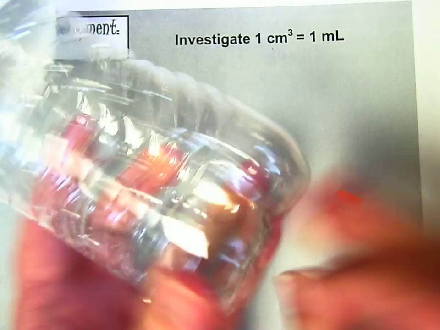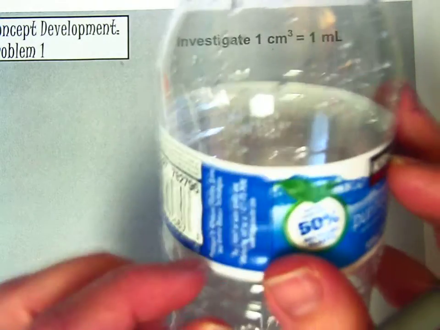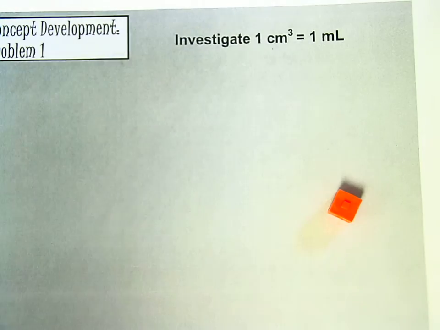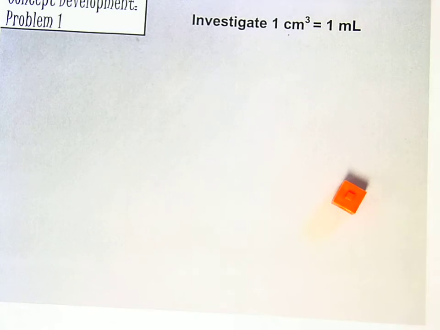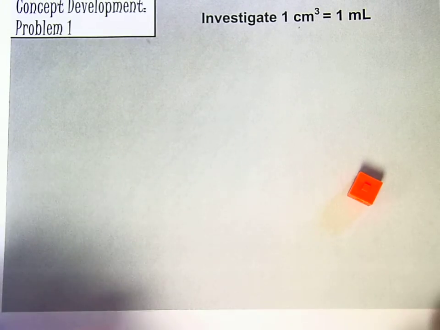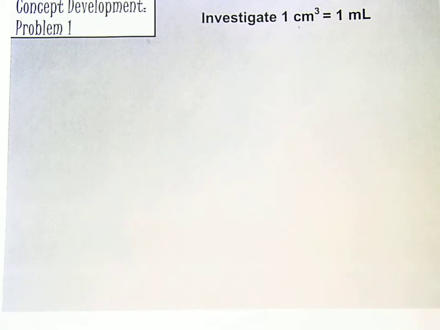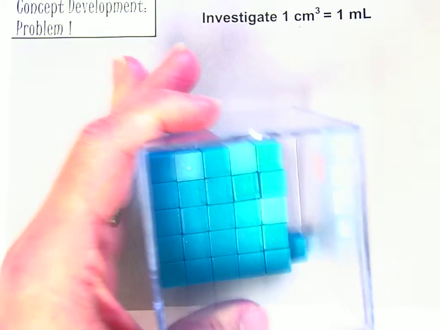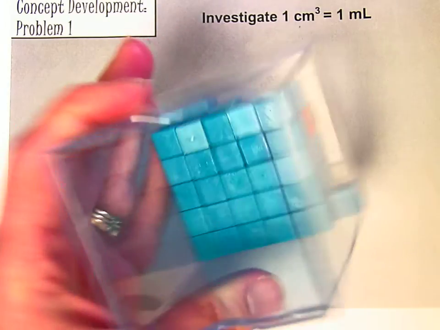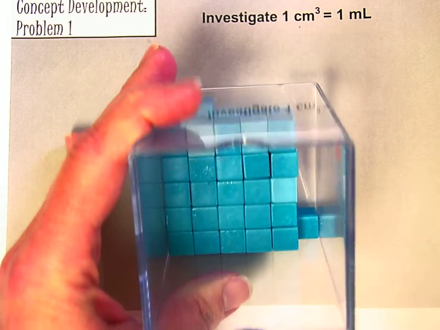But that's not exactly feasible because if you look, the bottoms are all bumpy. It's a cylinder, so it's curved on the sides. So we're going to do that experiment, but instead of using my water bottle, we're going to start with a cube. I have a cube that's packed here. Now, I have to give you a disclaimer.